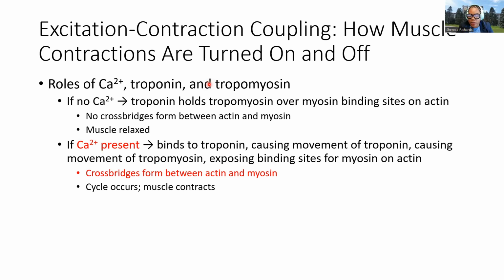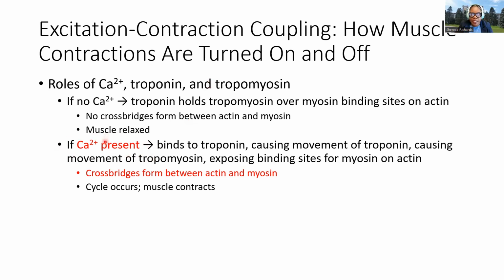If there's no calcium present, troponin keeps tropomyosin covering up those myosin binding sites. Therefore, there's no cross-bridge cycling, so there's no sliding filament model happening. The muscle remains relaxed in that state.